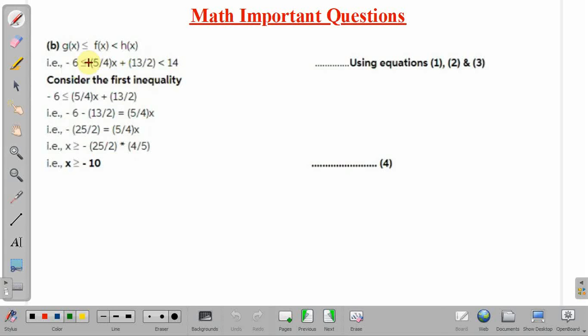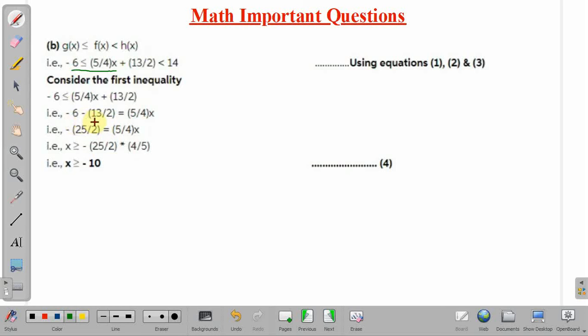Considering the first inequality, minus 6 is less than or equal to 5/4 times x plus 13/2, and simplifying and rearranging, we can solve.